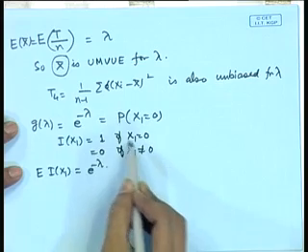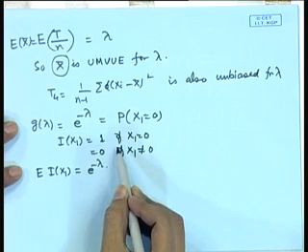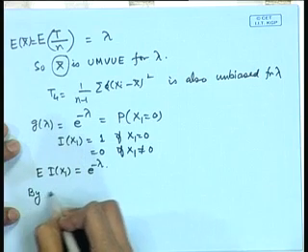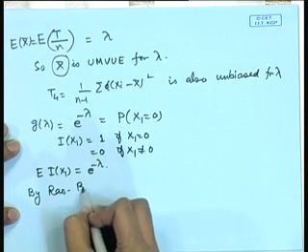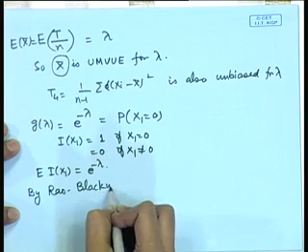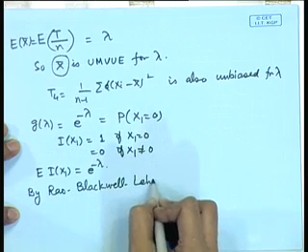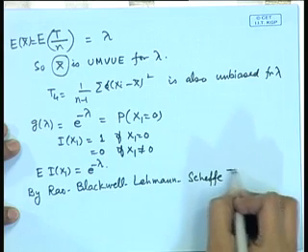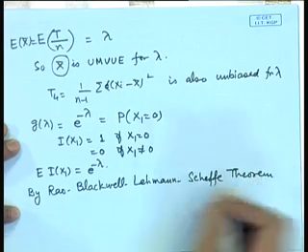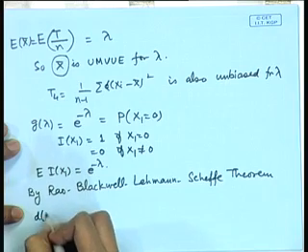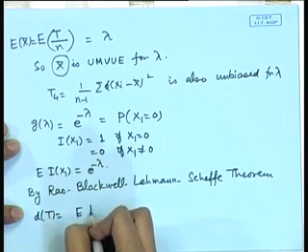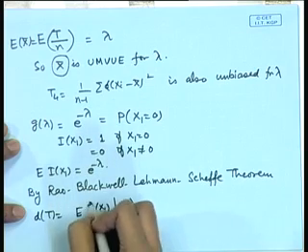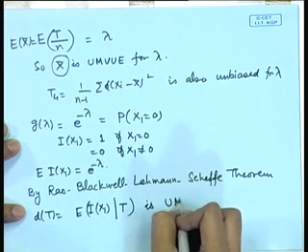Naturally, this is not dependent upon the complete sufficient statistic. So, by the Rao-Blackwell-Lehmann-Scheffe theorem, let me write it as d(T) is equal to expectation of I(X_1) given T. This is UMVUE.